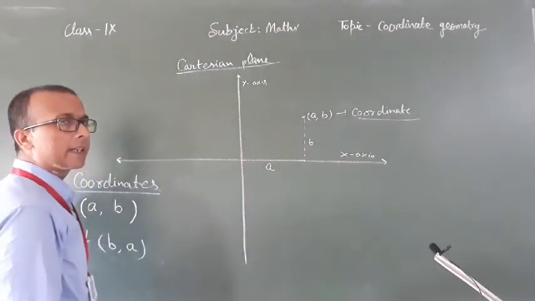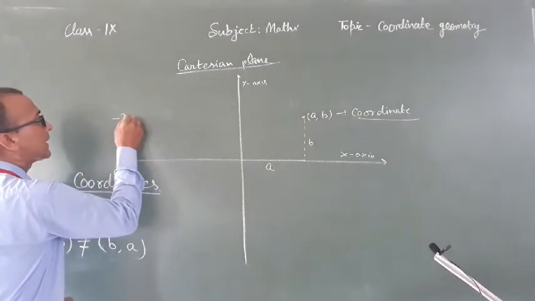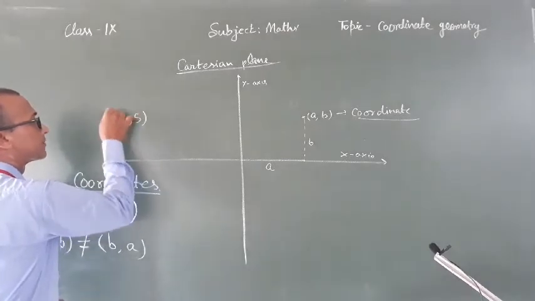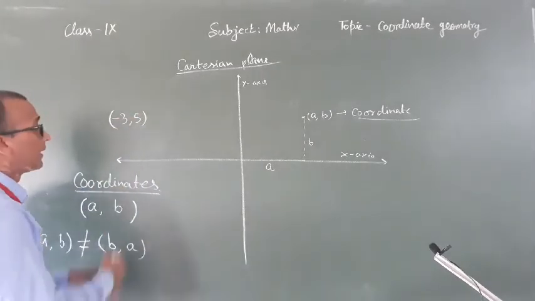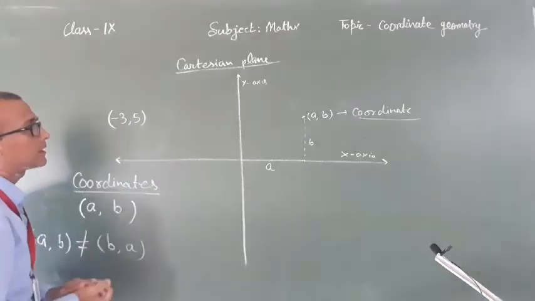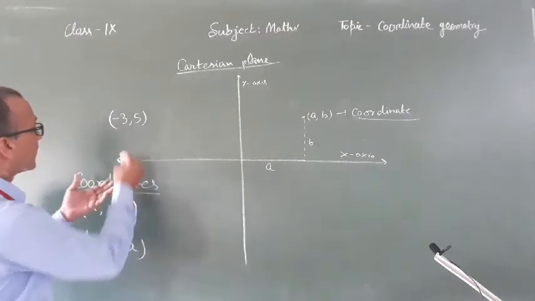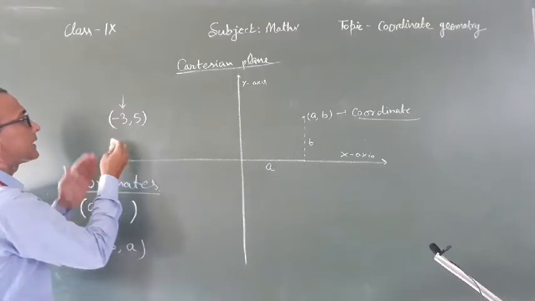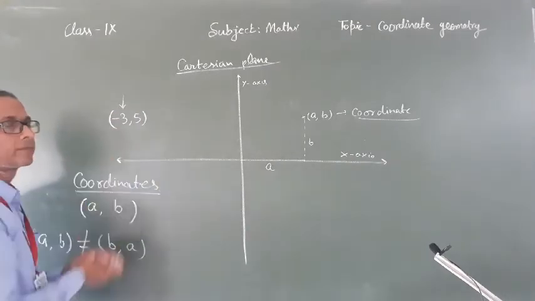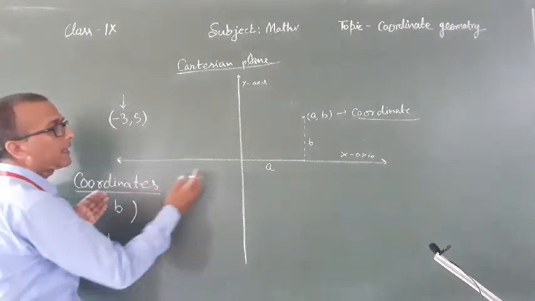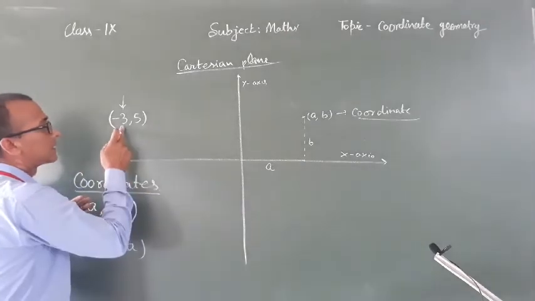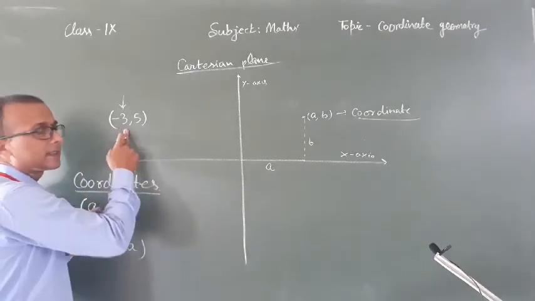Suppose we have to locate (-3, 5). This notation shows that this value is the distance from the origin on the x-axis, and it is -3.